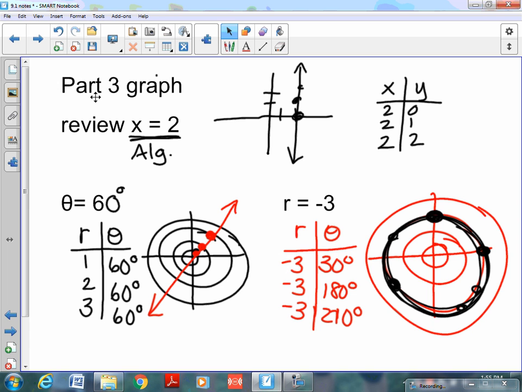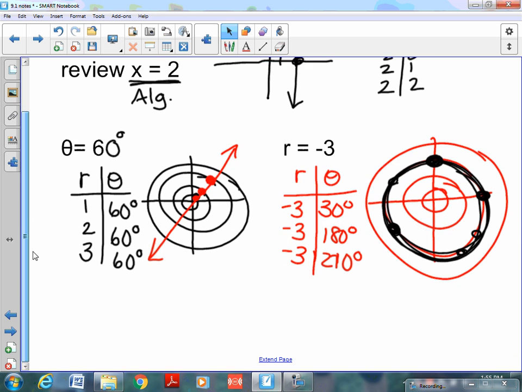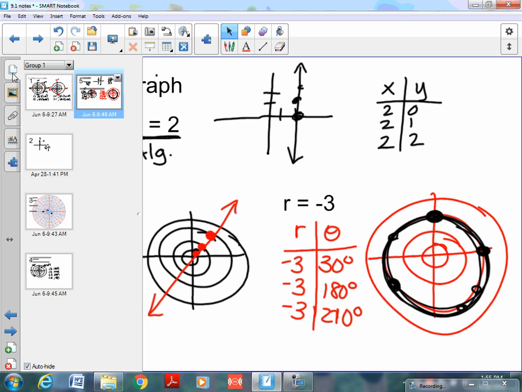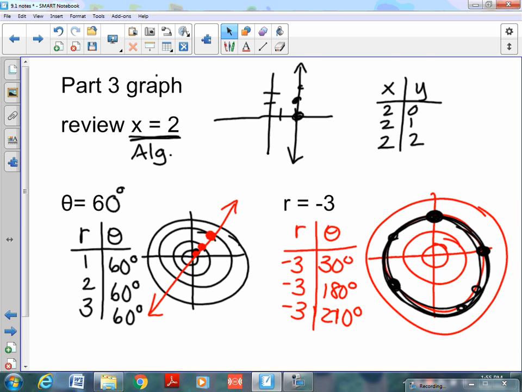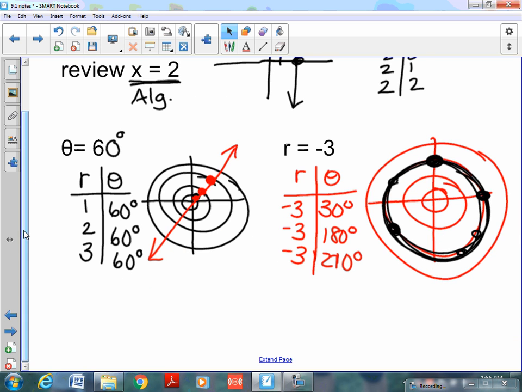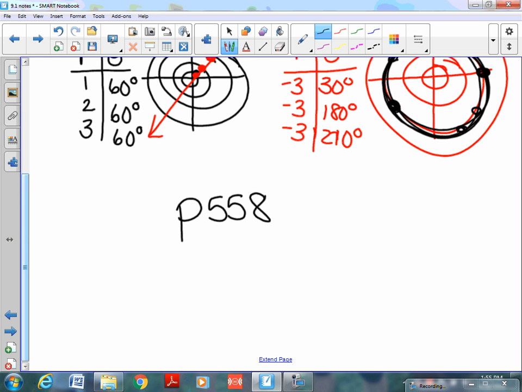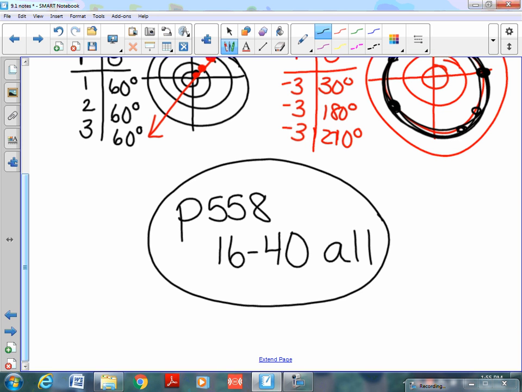Any questions on today's assignment? I have it right here. Page 558, 16 through 40. Oh, it's not going to take long. Because remember, you're going to make one bullseye and put all the points on here.